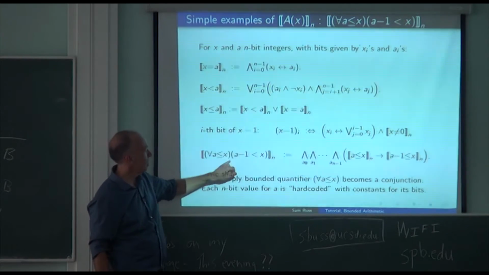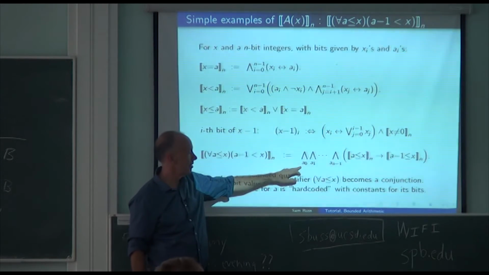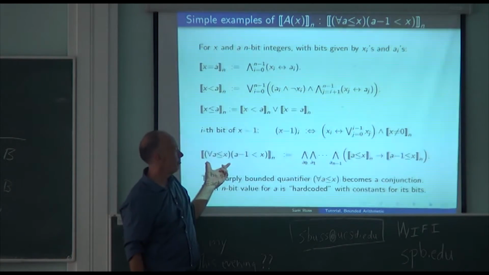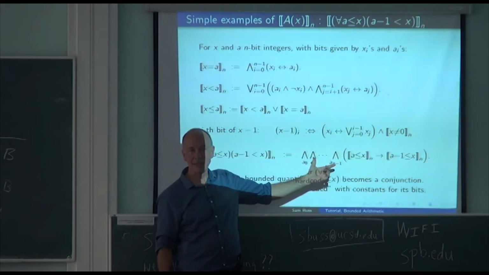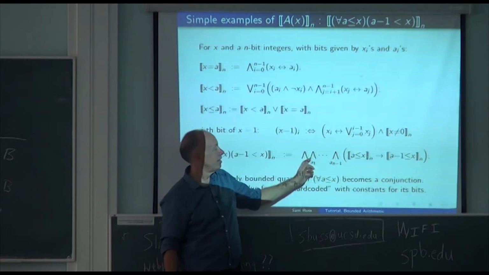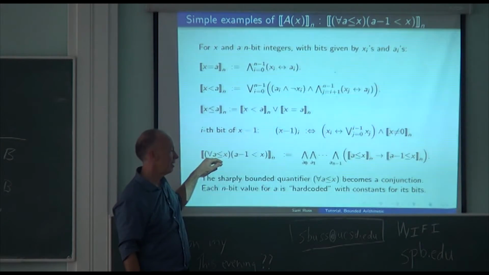For all a less than or equal to x, we just take the conjunction over all a's. This is a big conjunction. We take the for all and write it out as an AND over each possible value of a as an actual integer. Then we substitute in, hard coding each possible value of a, so its bits are just constant 0 or 1.